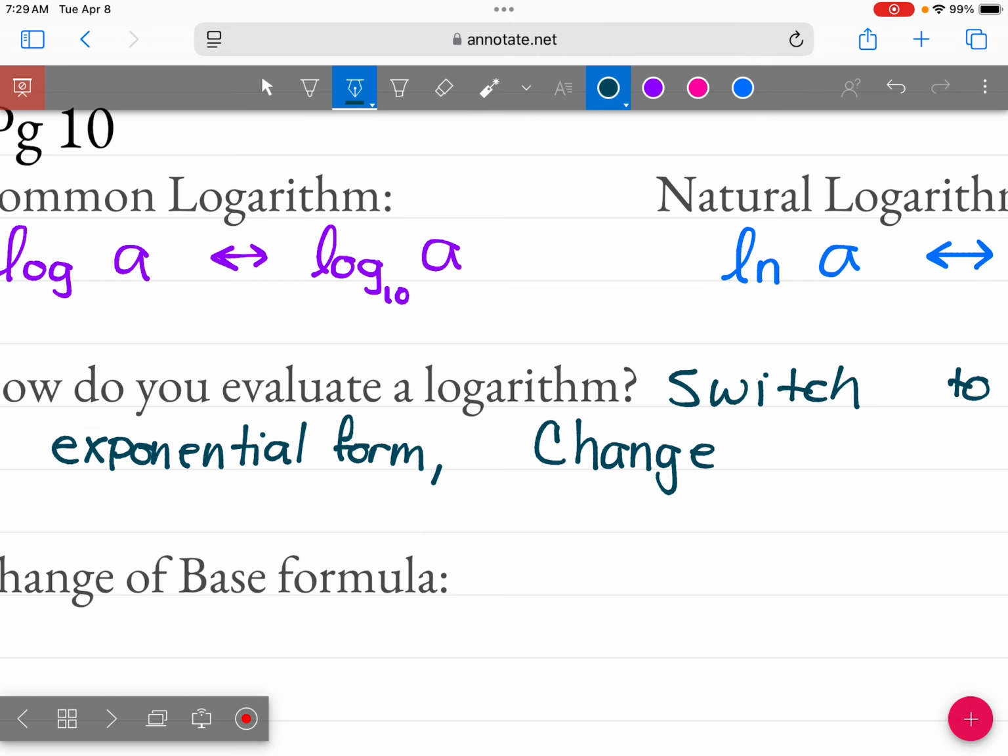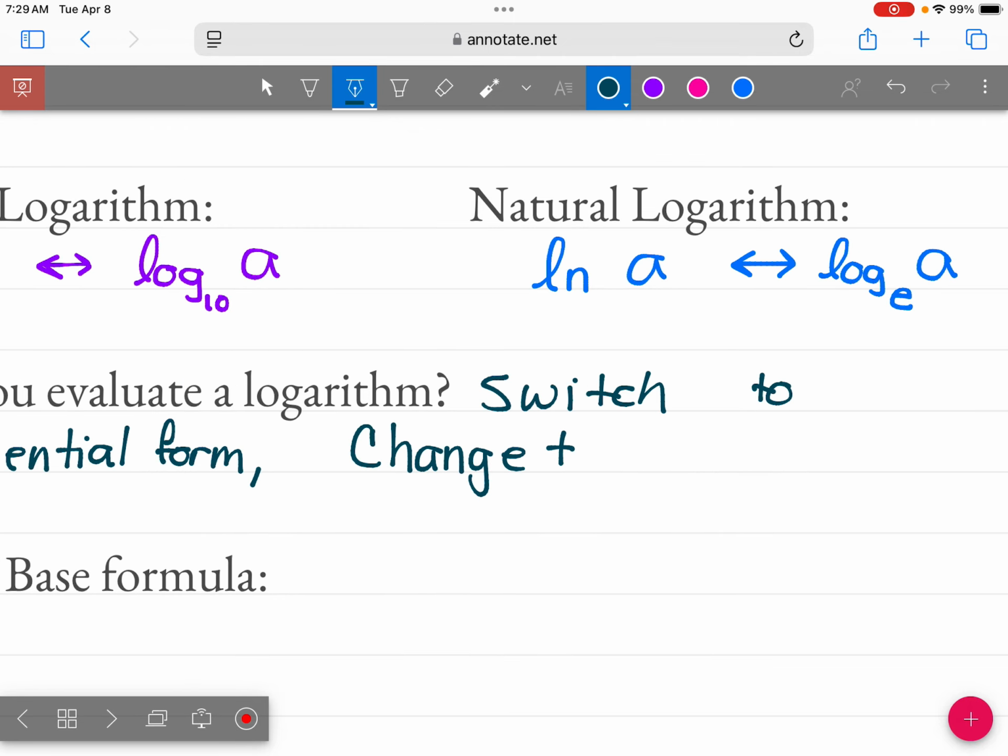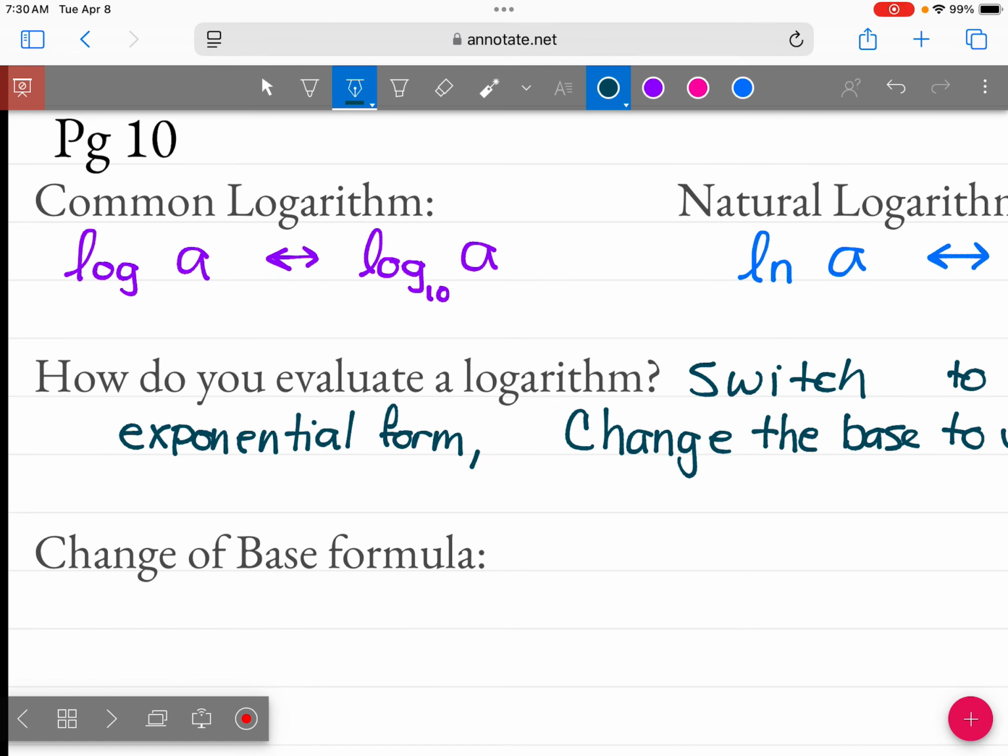So we could change the base to use a calculator. Or if we have logs on both sides, we can ignore the logs. That's pretty much the other way we have to do it.